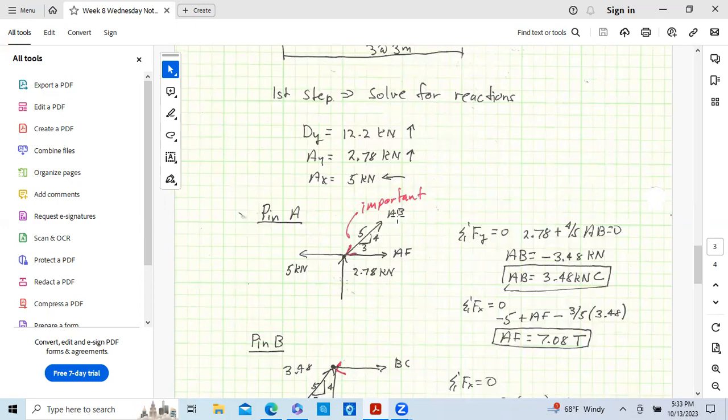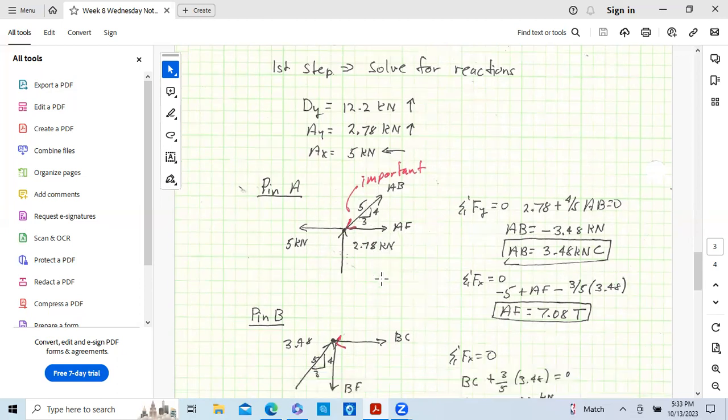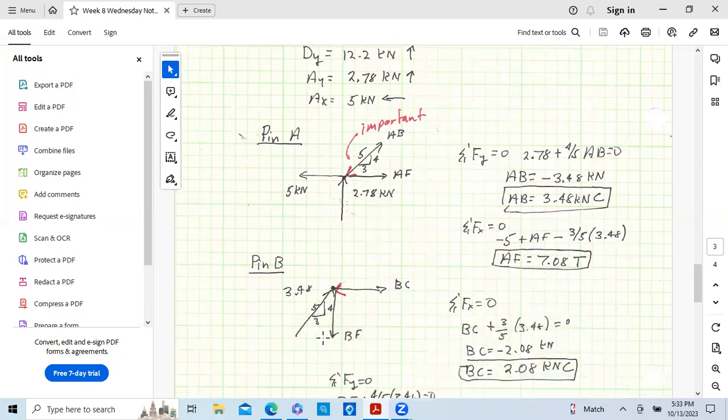I'm not going to erase this, because this is how I solved this problem. I'm going to leave it like it is. I'm going to take a red pen, and I'm going to put the arrow down here. When I see this red, if I'm looking at this diagram, it tells me immediately it's compression. I don't have to look at it. Okay, it's compression. So when I go to pin B, I draw this as a compression member.